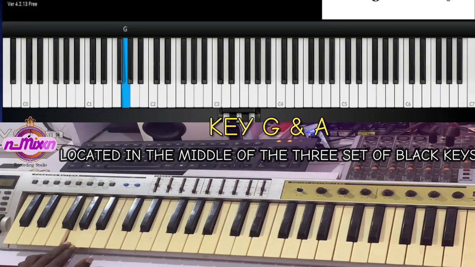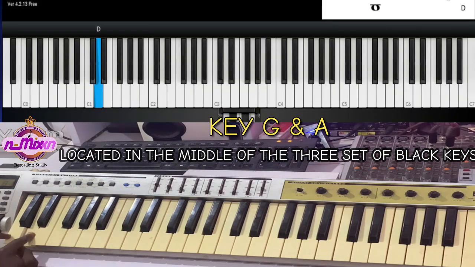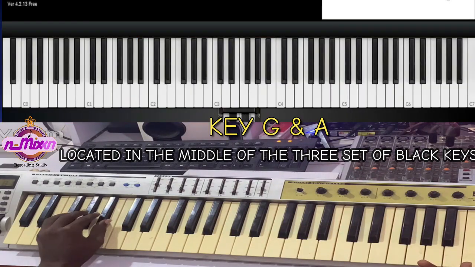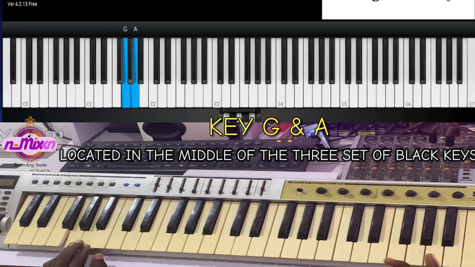Now for G and the next one, which is A, we are going to learn them together, because just like D is in between the two sets of black keys, in the same way, G and A are in between the three sets of black keys. So when I'm looking for G and A, don't forget G comes first. G is the first one, A is the second one.